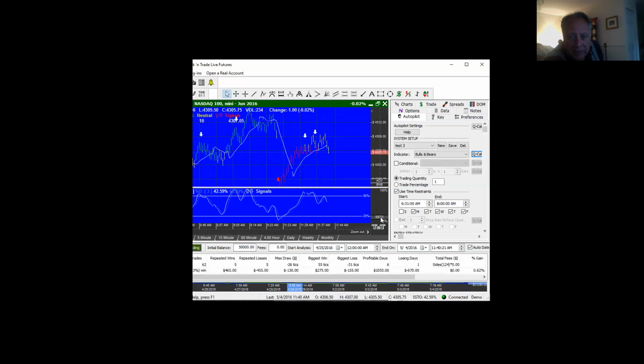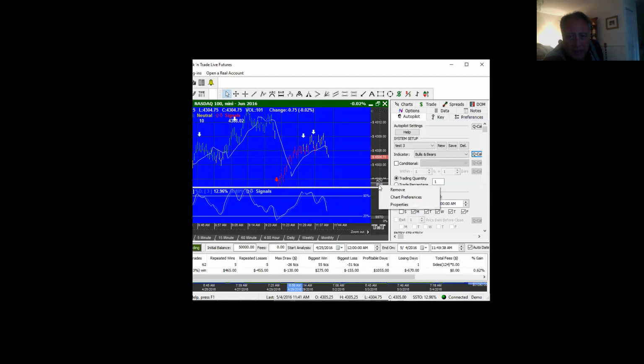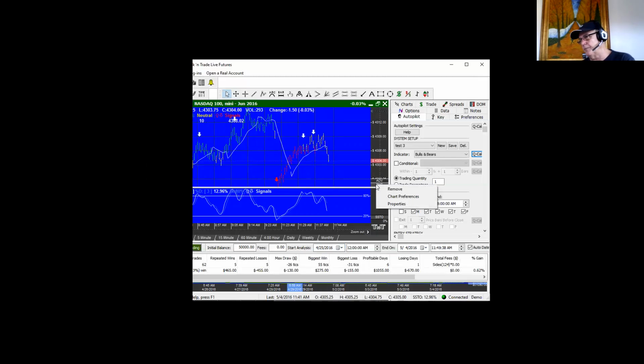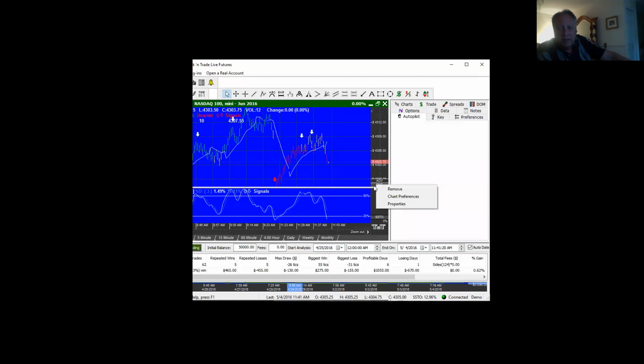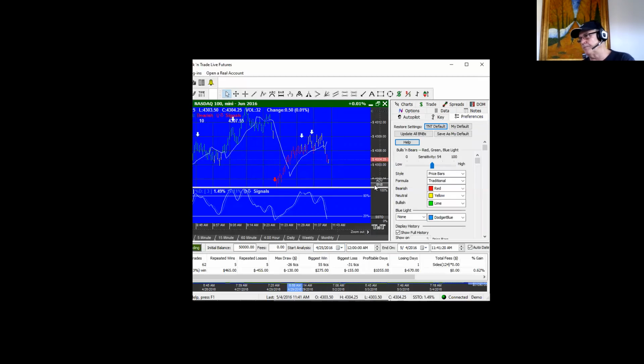Keep going down. See where it says B and B? Left click. Or you could go to properties. Okay, there it is. That's just a quick way to get to the preference tab.